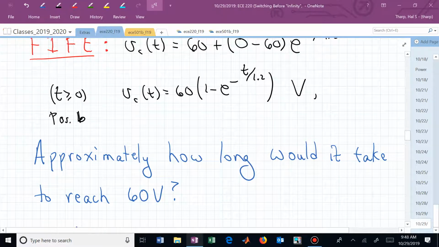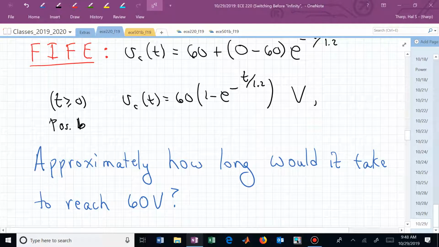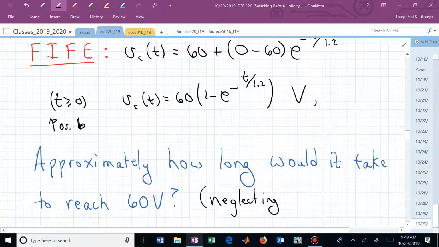Approximately how long would it take to reach 60 volts? And here we are neglecting switching. So let's not worry yet about the switch being moved at t equal to 1/2.